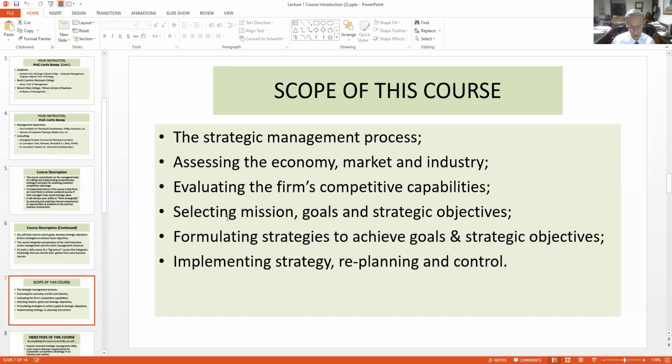Those standards for success, of course, are goals, and goals tend to be kind of large and broad, although they can also be specific.